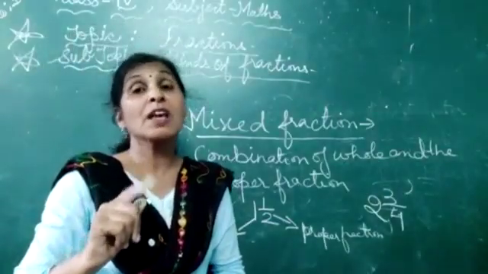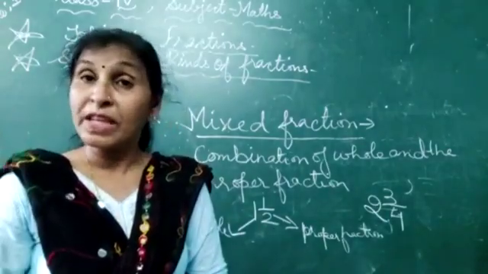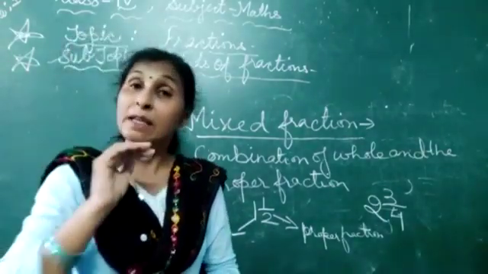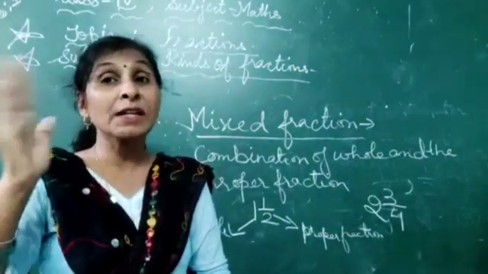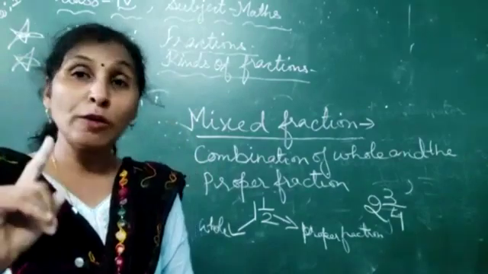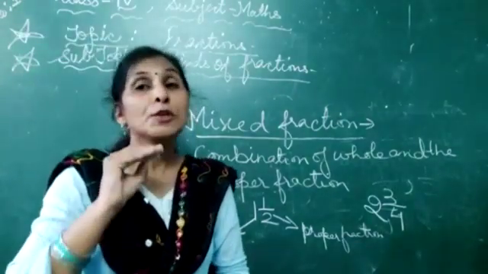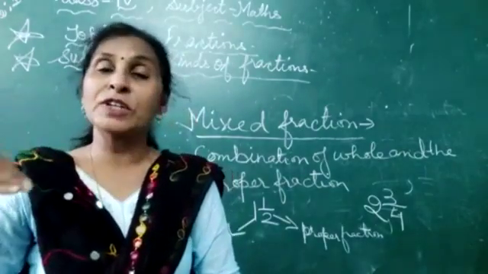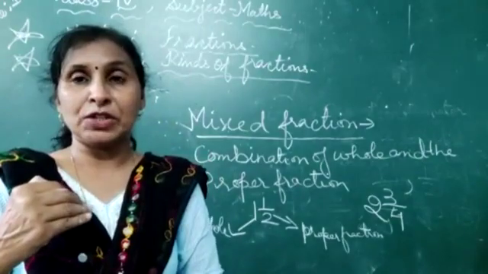Proper fraction, whose numerator is less than the denominator. Then improper fraction, whose numerator is greater than or equal to the denominator. So all of you understand all the definitions. Now students, you write down all the definitions in your notebook and learn these definitions. Clear?